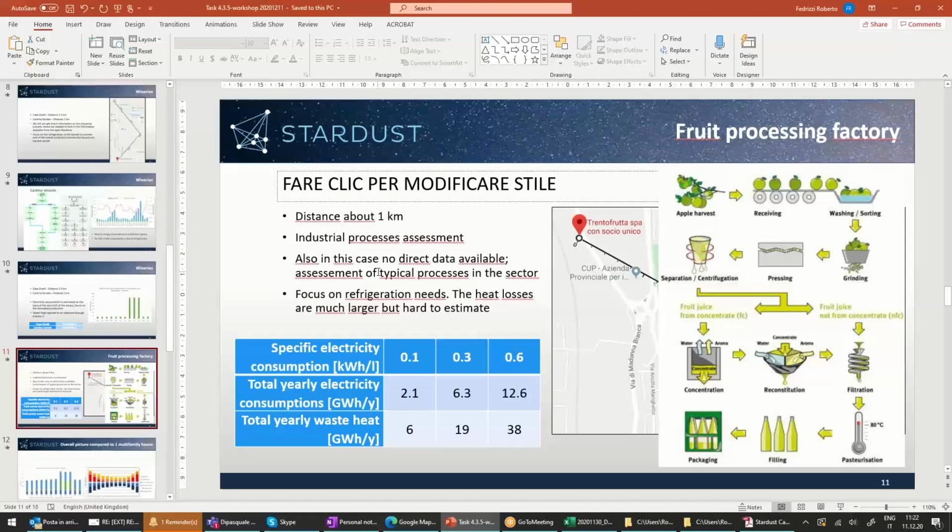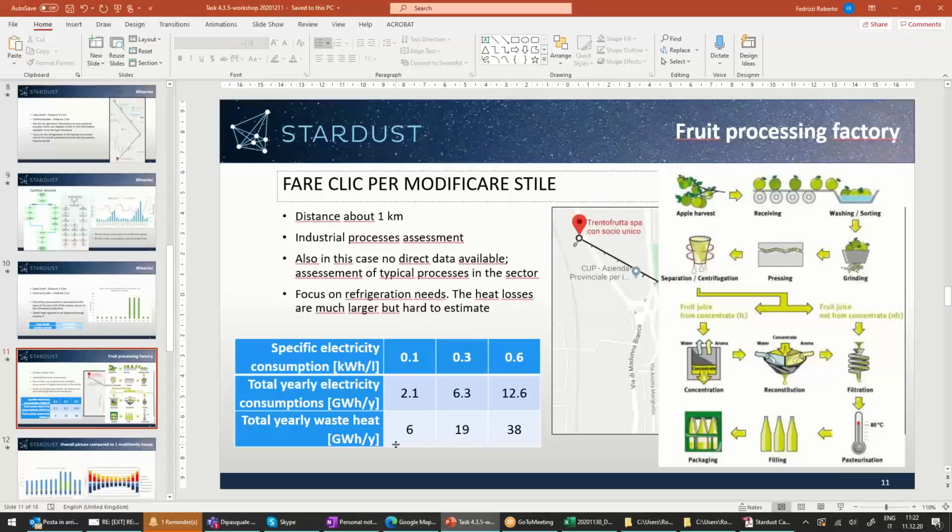Also in this case, we concentrated on refrigeration, which is quite a good part of the electricity consumption. Heat losses in the different processes can be very much higher than the electricity needed for refrigeration, but again, not really easy to calculate or to estimate.